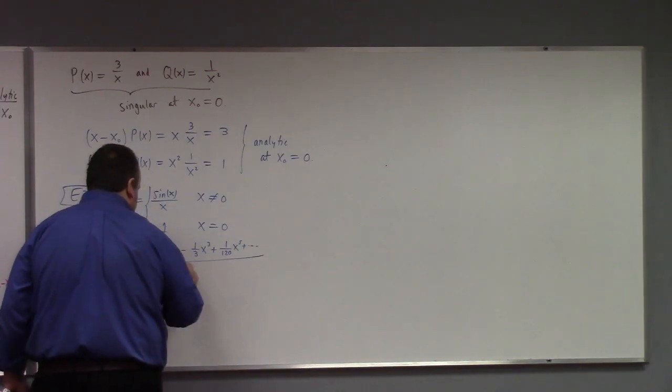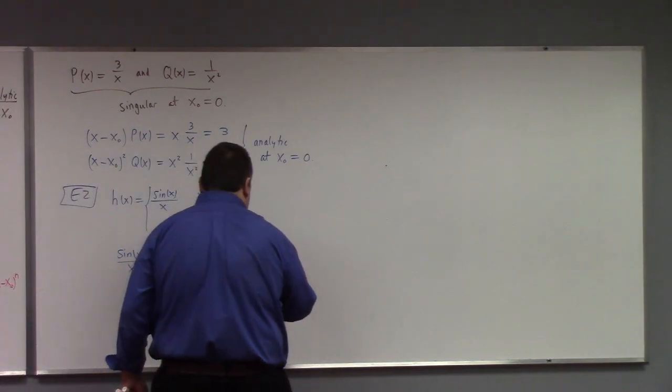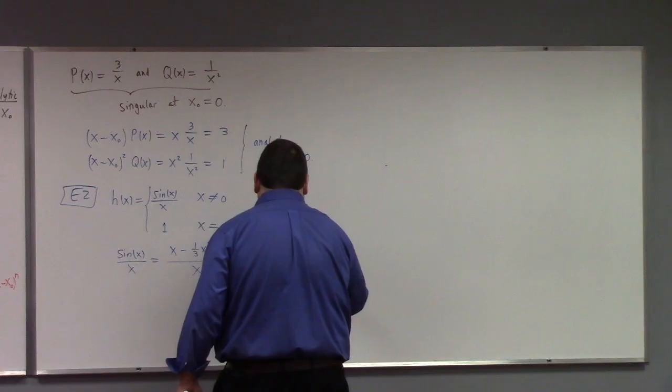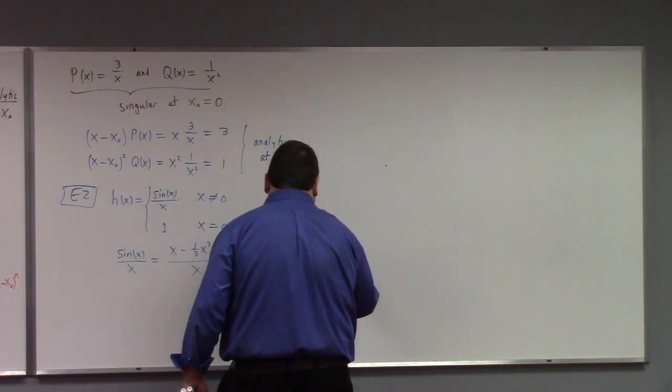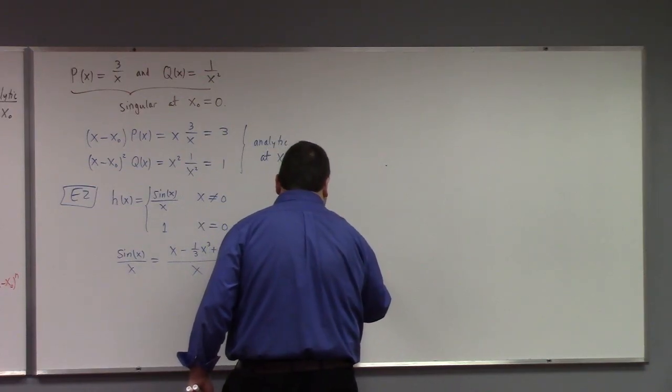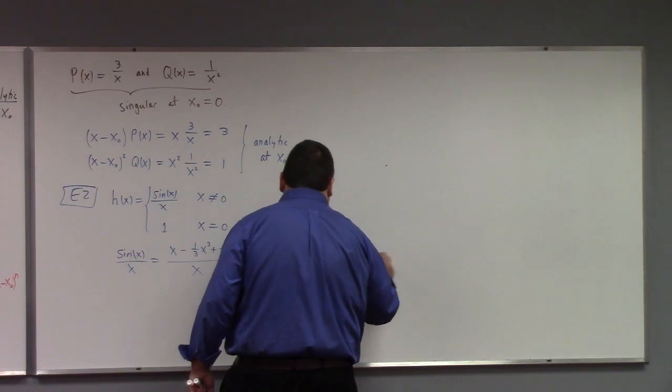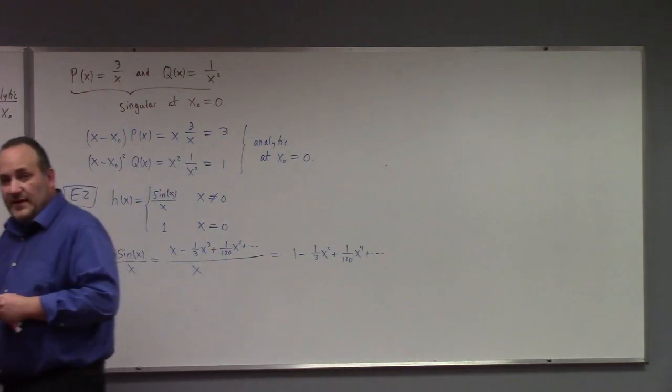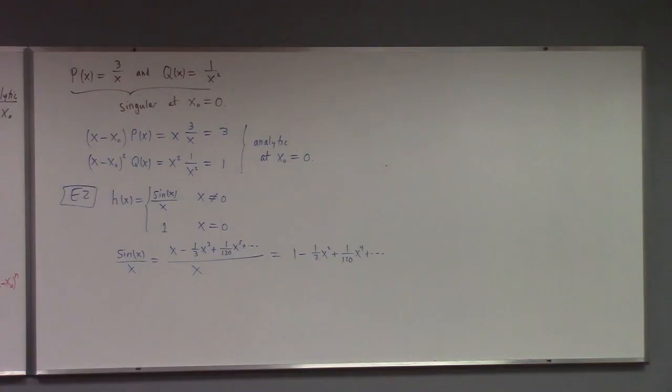And division of series just gives us 1 minus 1/3 x squared plus 1 over 120 x to the 4th plus dot, dot, dot. So sine x over x is analytic at 0. To be more careful, it has what's called a removable singularity. The singularity is essentially a hole in the graph. We can just get rid of it by canceling the factor.